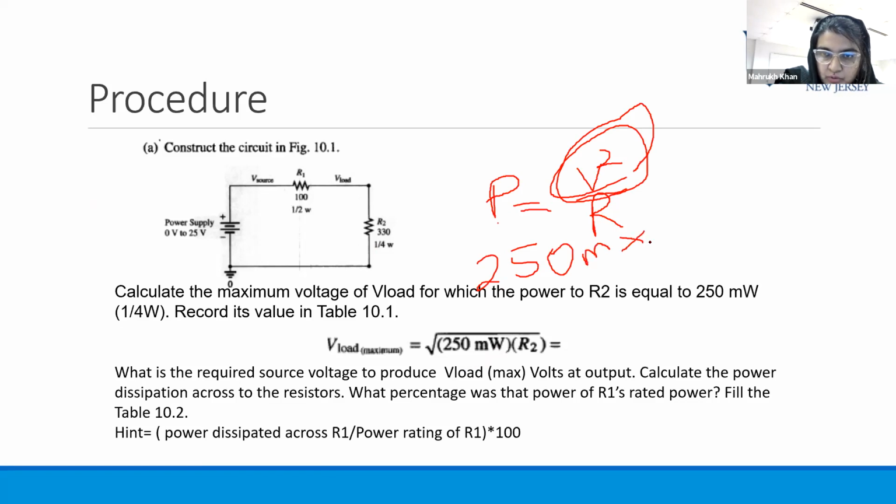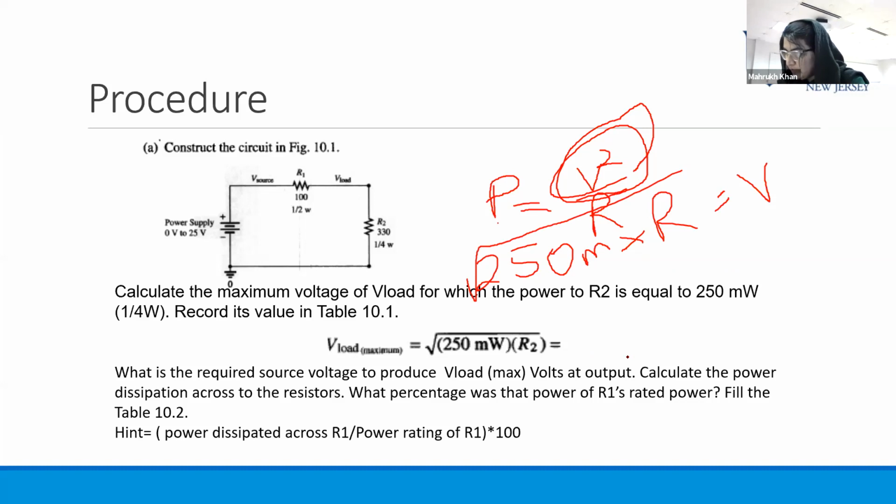Into R is equal to V squared. So that's what you will find and record in table 10.1. For submission purposes, if you want to, recreate your tables, it's fine.